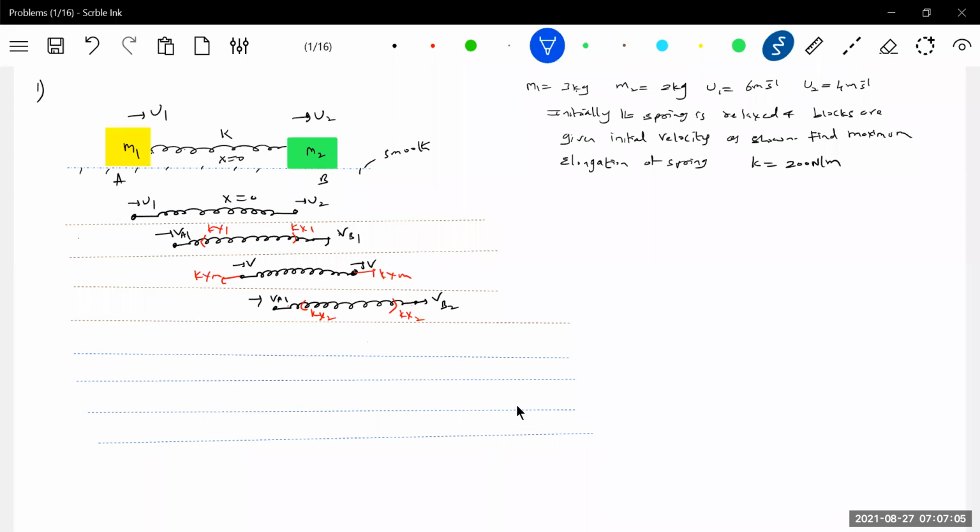After this, the spring will come to its natural length, with the blocks moving with certain velocities VA3 and VB3. The spring is relaxed.